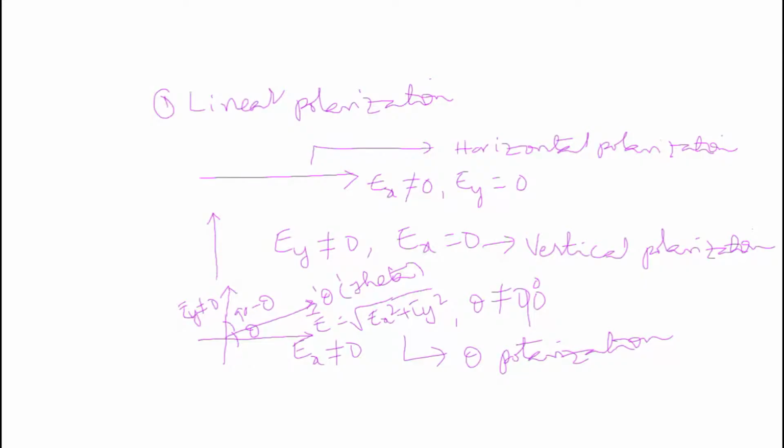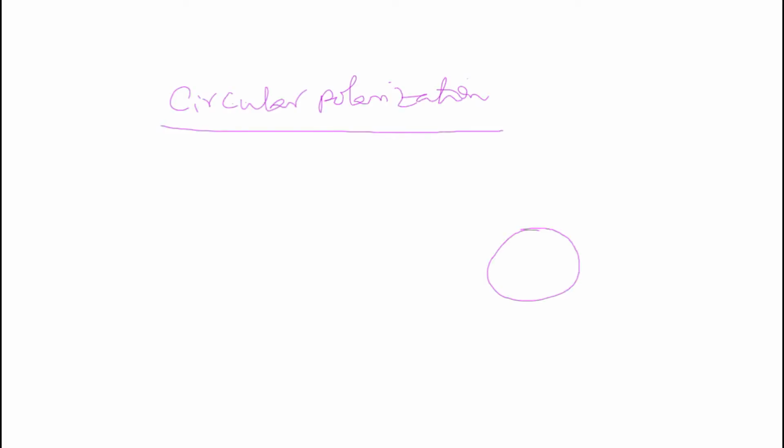Now coming to another polarization, that is circular polarization. Reference at the center of the circle. Here we have the electric field along the x direction and the electric field along the y direction, Ey and Ex. The angle between Ey and Ex is 90 degrees. So this type of polarization is known as circular polarization.